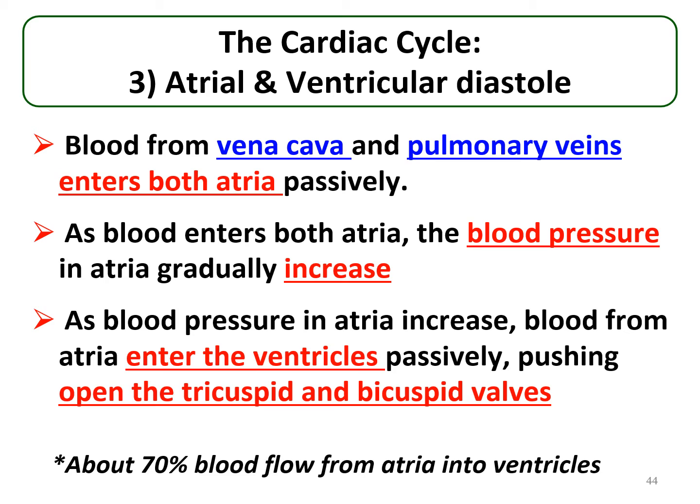Sebab blood pressure in the atria is low. So as blood enters both atria, the blood pressure in the atria gradually increases due to the volume increase, opening the atrioventricular valve.